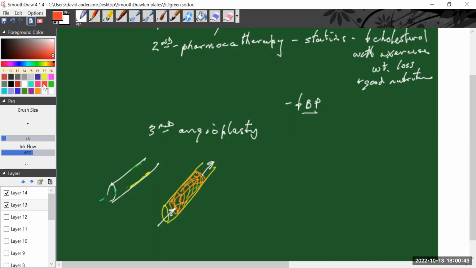And the more invasive type of angioplasty is most commonly used on coronary arteries to bypass them. So if we have a coronary artery that looks like that and is blocked, what we do is we take a blood vessel from another location and we bypass that area.